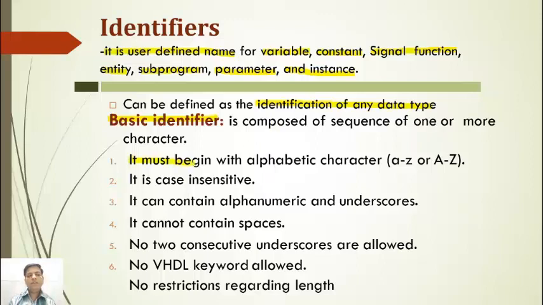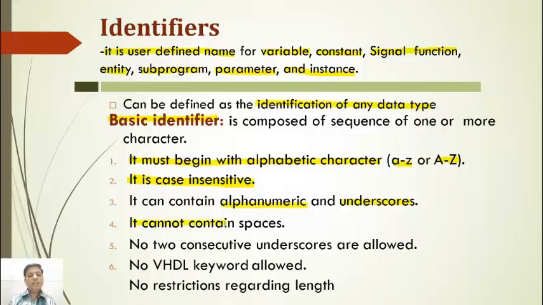First, it must begin with an alphabetic character, that is small a to z or capital A to Z. It is case insensitive, so we can utilize either small letters or capital letters. It can contain alphanumeric characters and underscores.